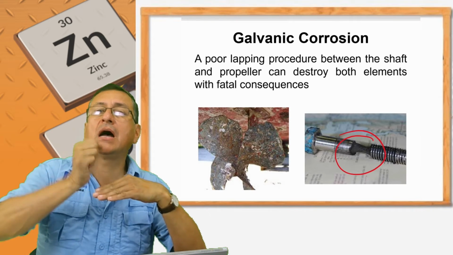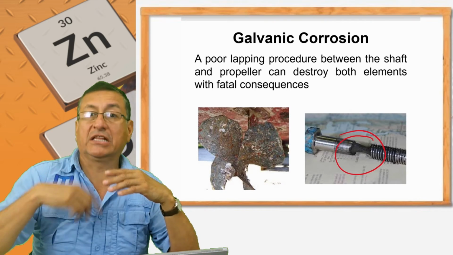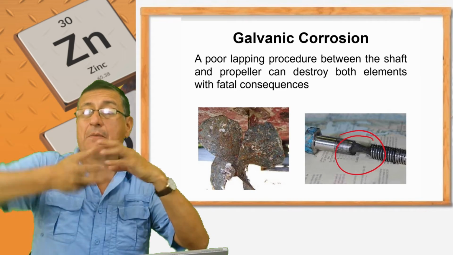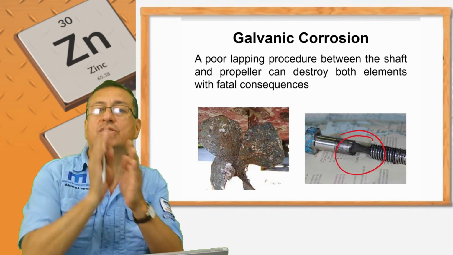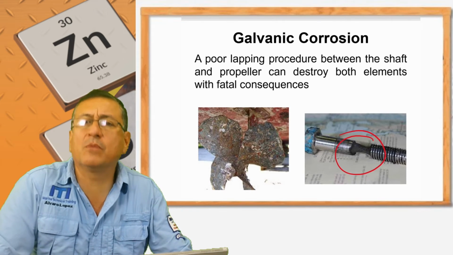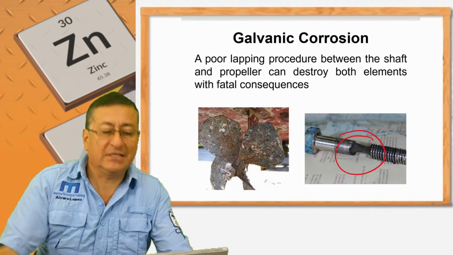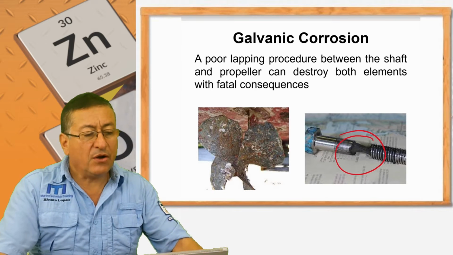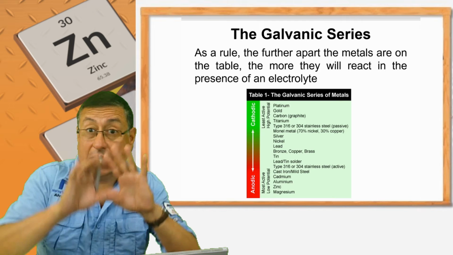They didn't lap the propeller against the shaft appropriately, and the torque produced by the engine and the centrifugal force broke it, and the propeller goes out, and the shaft was cut. It's very common in marine application. Be careful with that. This is another great example of galvanic corrosion. We are going to analyze the Galvanic Series like a rule.